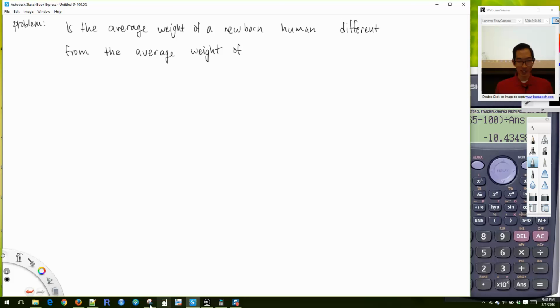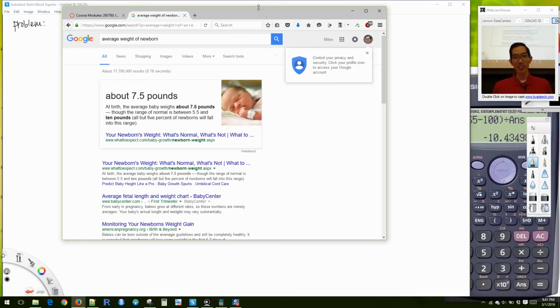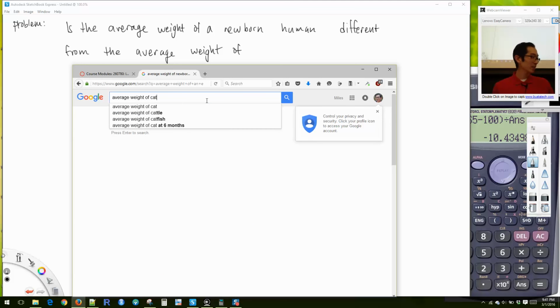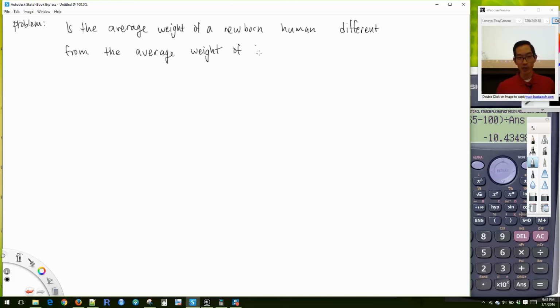What's comparable? No, dogs are huge. Is that a good question? So we'll say, is the average weight of a newborn human different from the average weight of a cat?